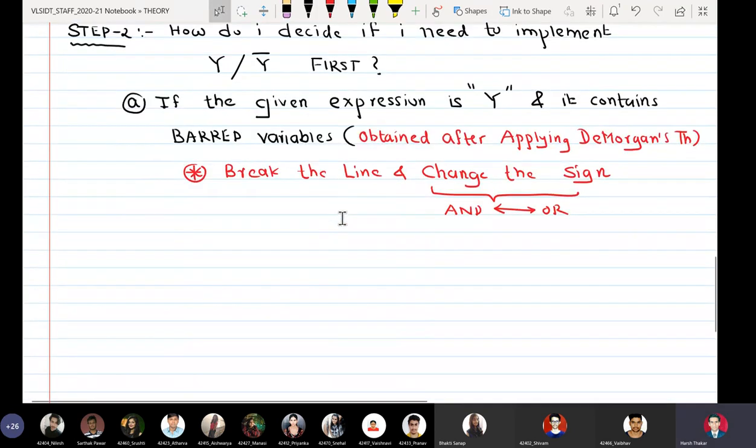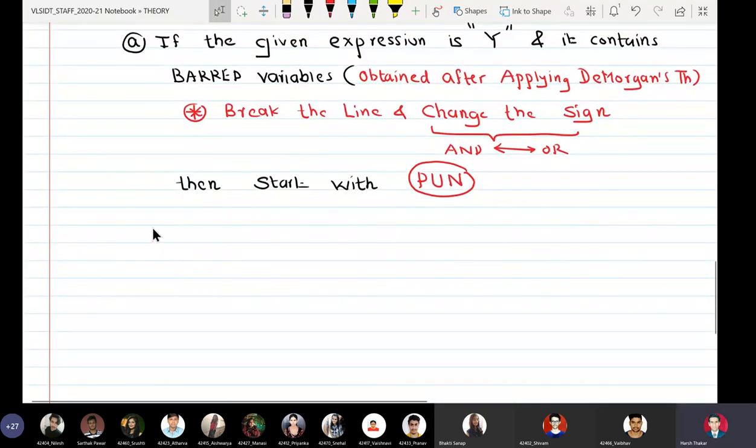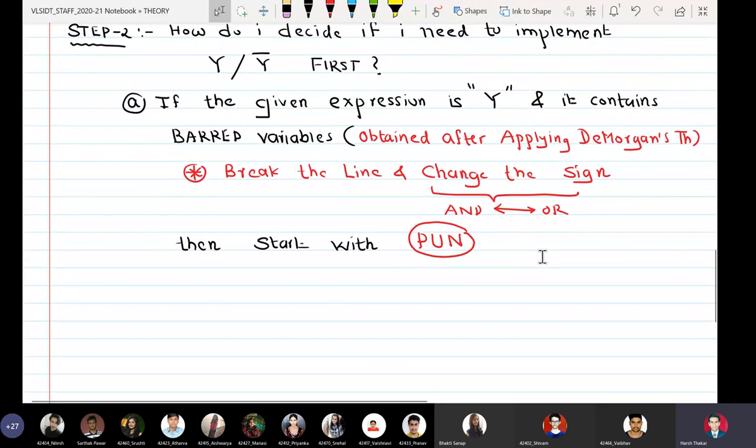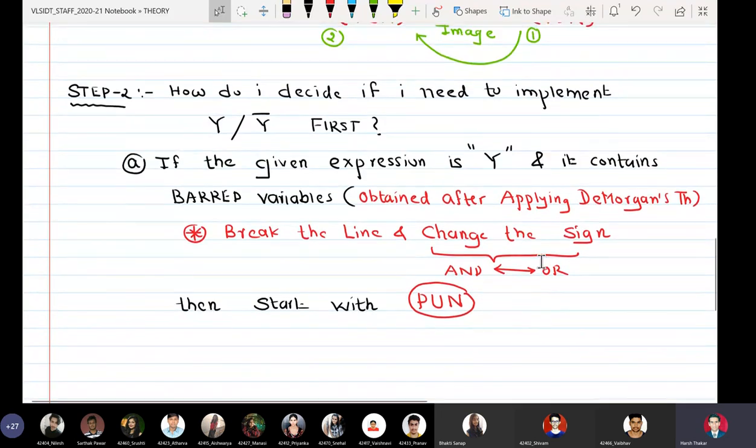If the expression is y and it contains barred variables, then start with the pull up network. Why pull up network? Because the pull up network contains PMOS devices, and I already told you that a p-channel MOSFET, or PMOS device, gives complementation of the input variable.